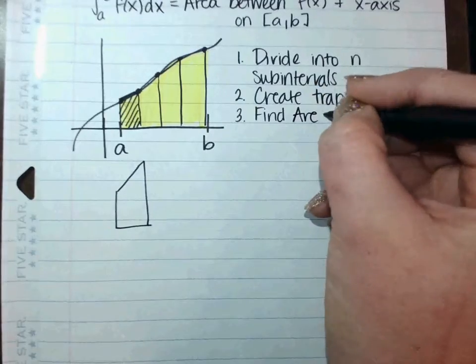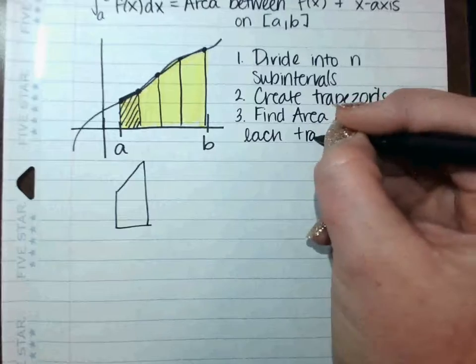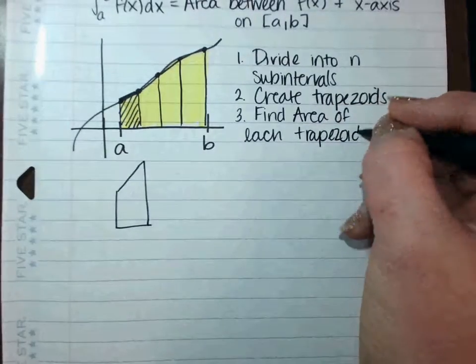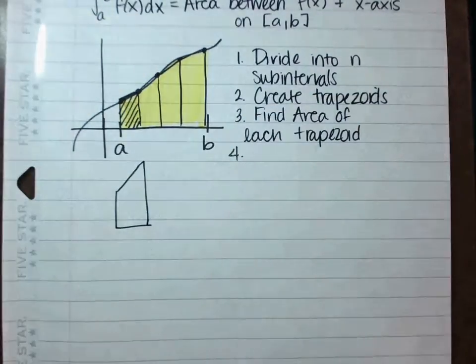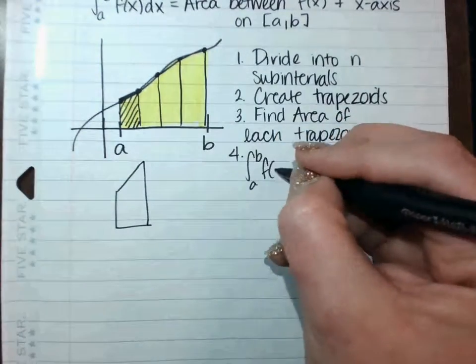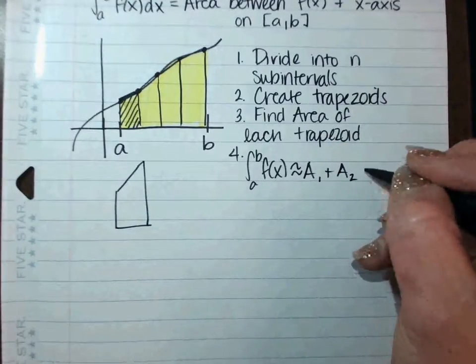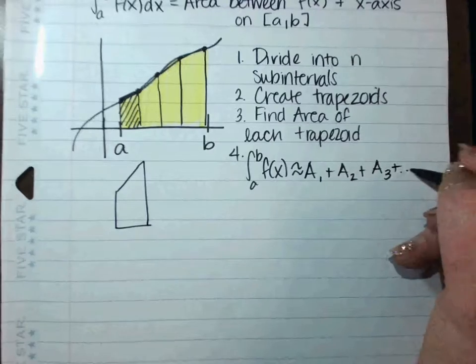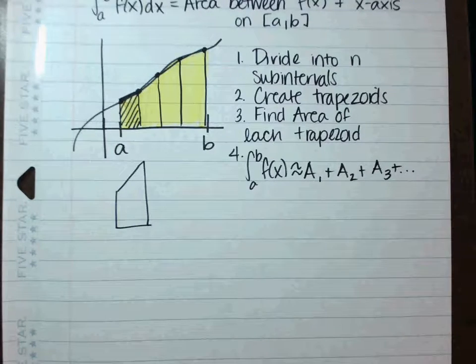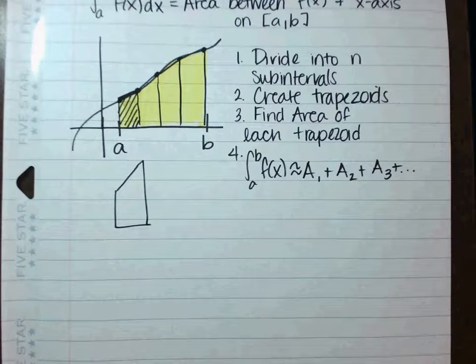Find area of each trapezoid. And then number 4, your last step, would be that your integral from a to b of f of x is approximated by area 1, area 2, area 3, and so on, depending on how many trapezoids you broke your picture up into.